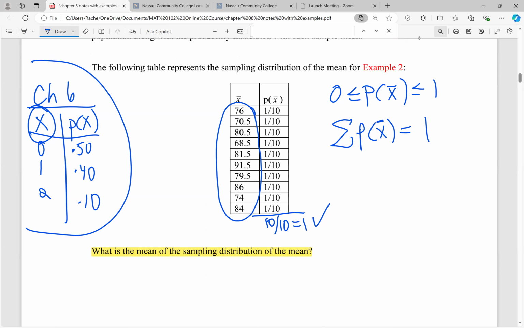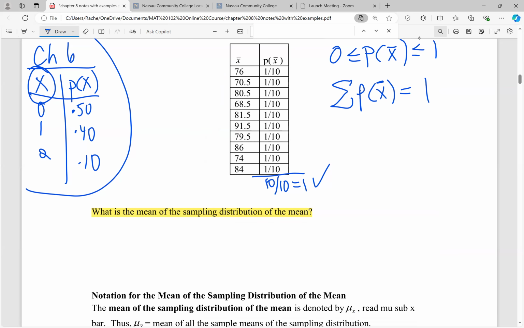That's going to give us the mean of all the means, essentially. So I want you to take a minute, you can pause, and I want you to sum up all the x bars and divide by 10 and tell me what the mean is. And you should have gotten 79.2. And that's kind of cool, right?